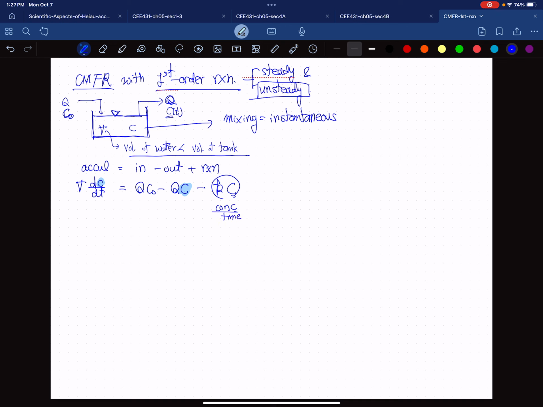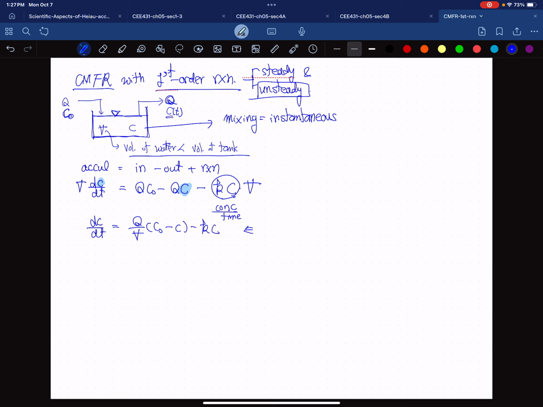So to make it equal to the other three terms, you need to multiply by volume V. Now we divide both sides by the water volume to have dC over dt equals Q over V times (C naught minus C) minus kC.